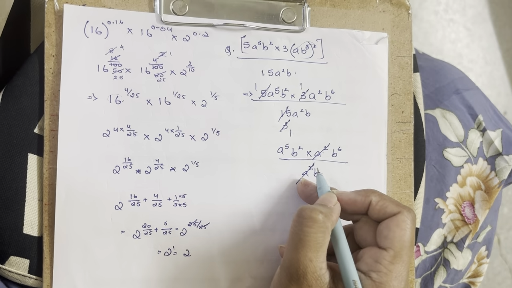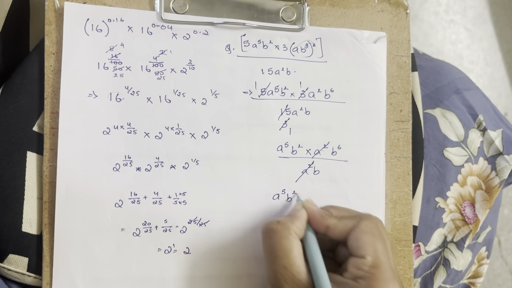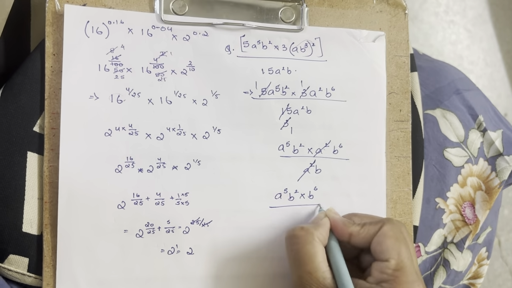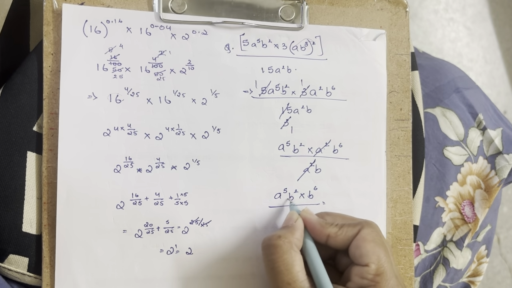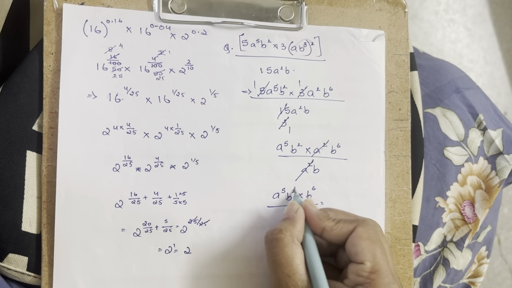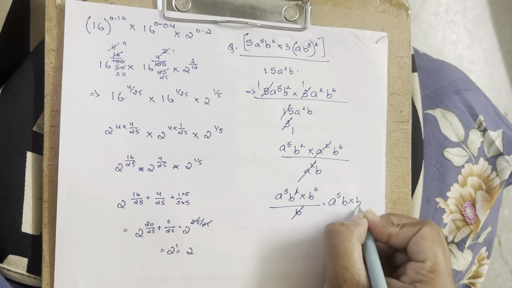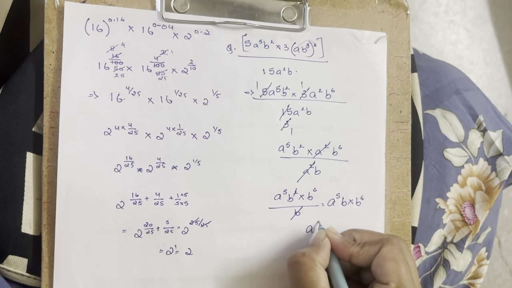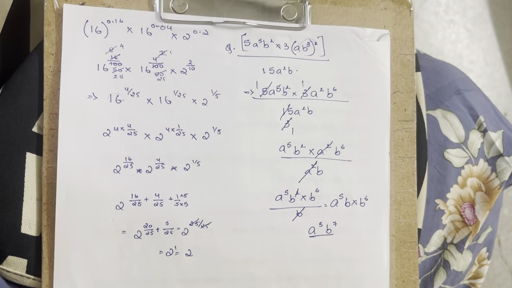Then here we are left with a to the power 5 b square into b to the power 6 by b. Out of the 2 in here, one b gets cancelled. I'm left with a to the power 5 b into b to the power 6. Powers will add, a to the power 5 b to the power 7. It will be the answer for this one.